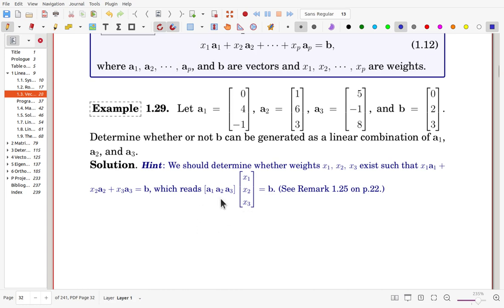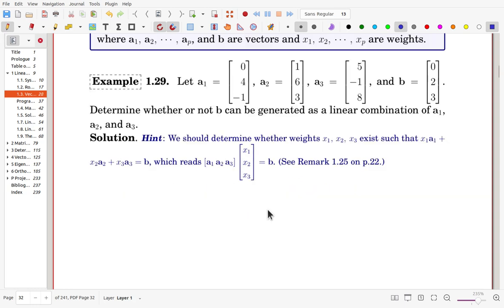So for this algebraic system, we have to check if the solution exists. Now if B is generated as a linear combination of A1, A2, A3, then equivalently this linear system has a solution, right?